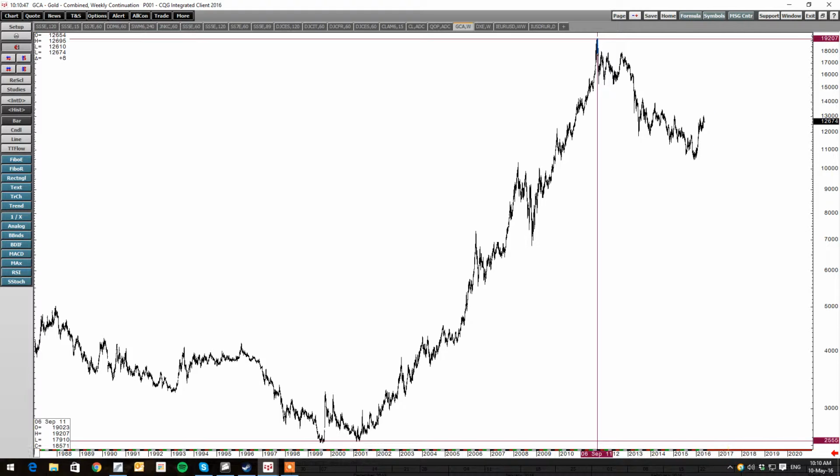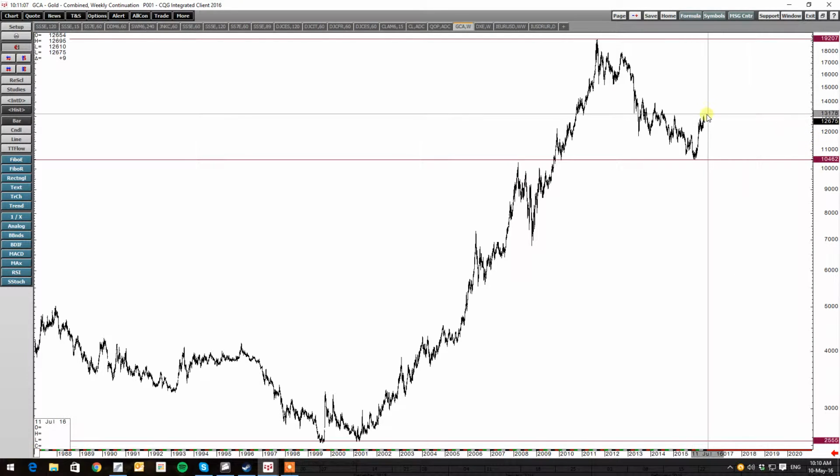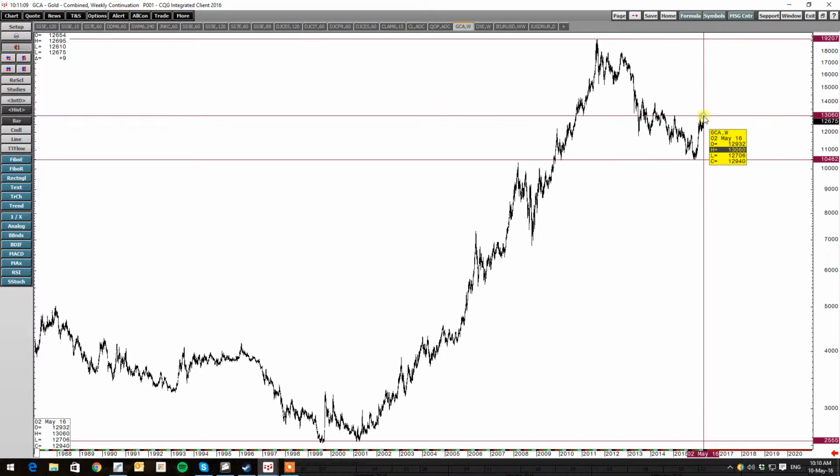Since then, gold fell from $1,900 to $1,046, and that was very recent, roughly in the beginning of this year, end of last year. So that was 7th of December 2015. From December 2015, gold has rallied about 25% to $1,306.